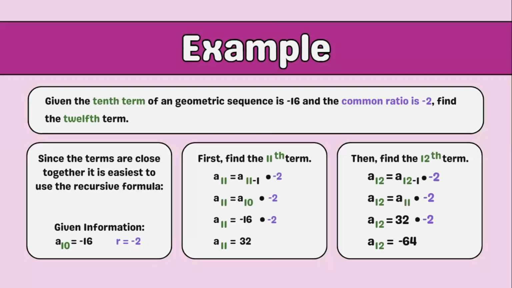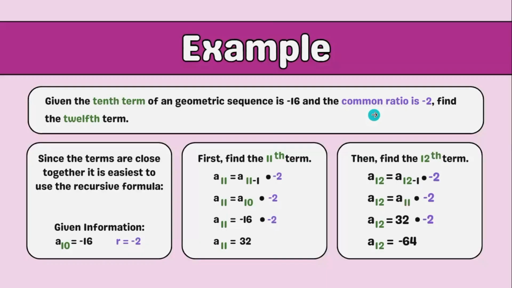First, we calculate the 11th term. To do this, we multiply the term by the common ratio. Negative 16 multiplied by negative 2 equals positive 32. So the 11th term is 32.